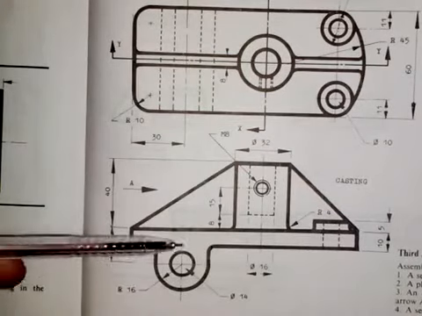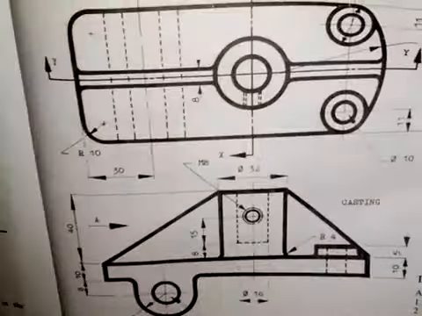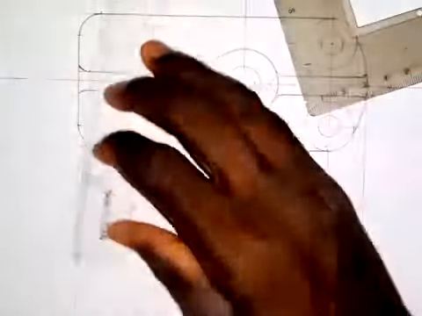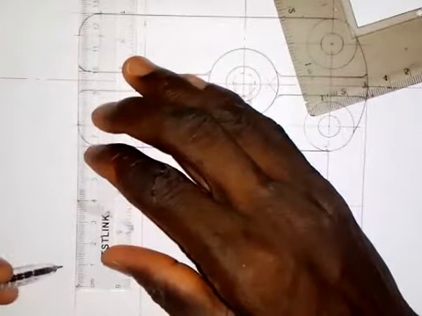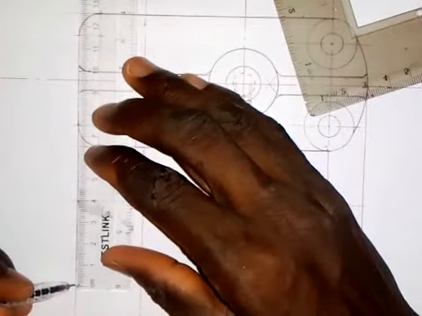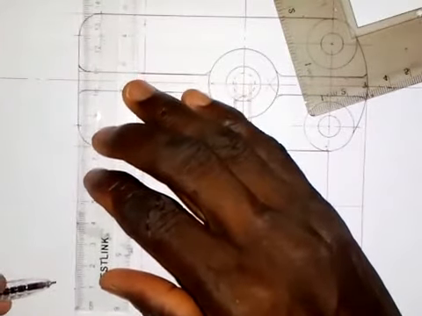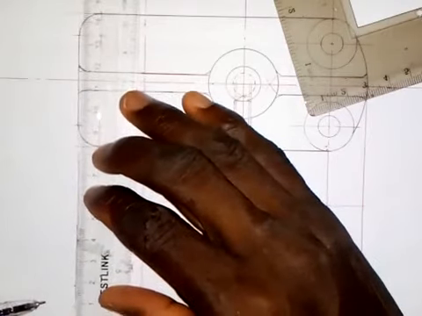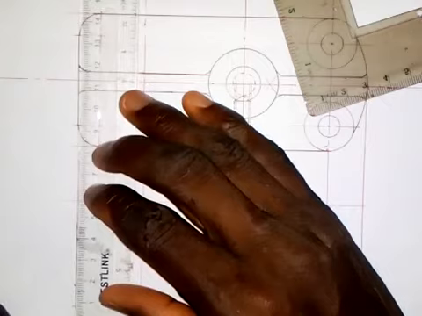So I'm going to put those things there. First of all, I will take a measurement of 40 millimeters from here. Then I will take 10 millimeters down here, and I will also take 8 from here. So this is 8 millimeters.